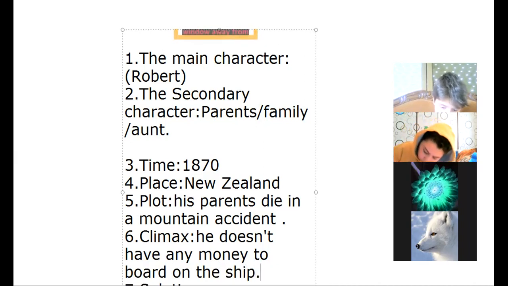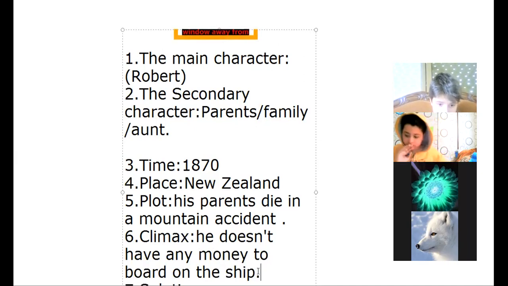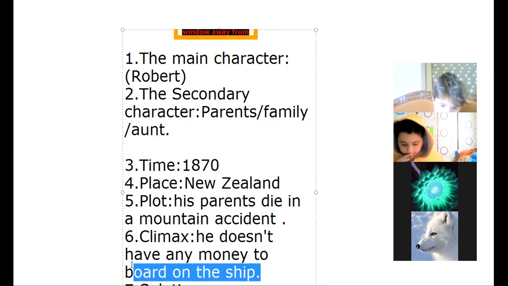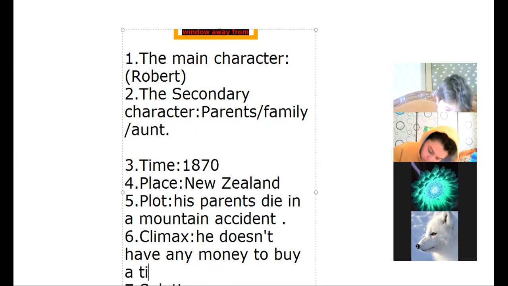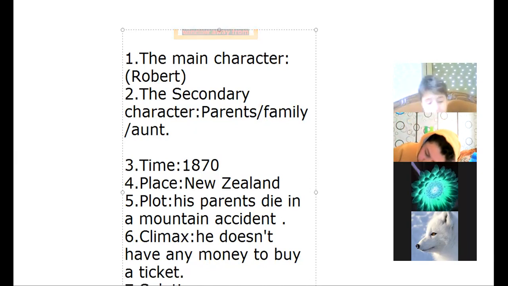We have another form: he doesn't have any money to buy a ticket. For example, we can remove to board on the ship. Both are correct. To buy a ticket, to travel to US. So he doesn't have any money to buy a ticket.